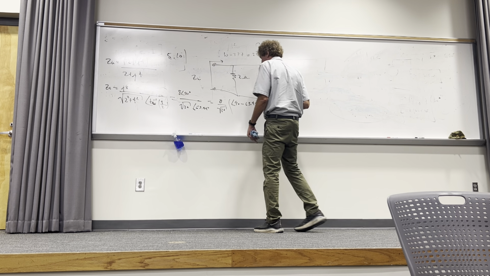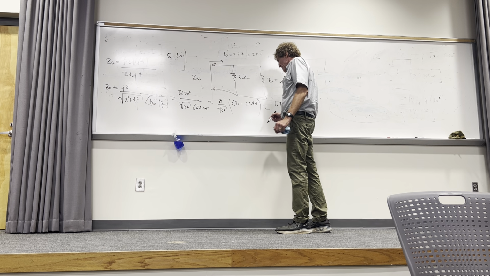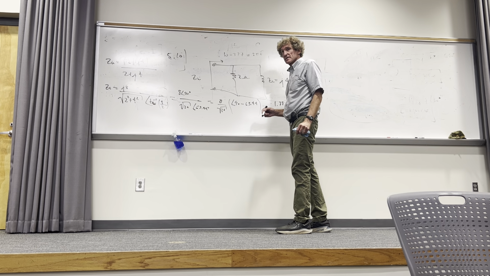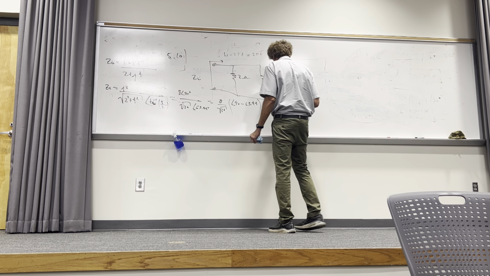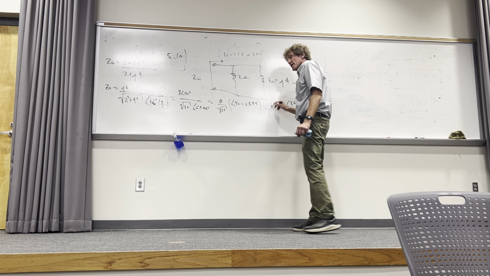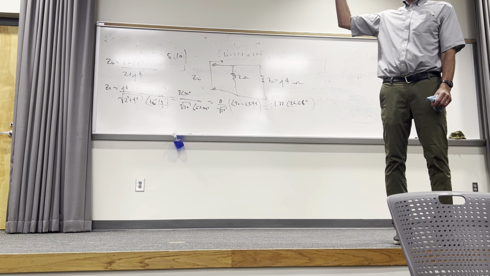What's the angle? 90 minus 63 is about 26.66, is that right? Anybody confirm that? Something like that. All right.